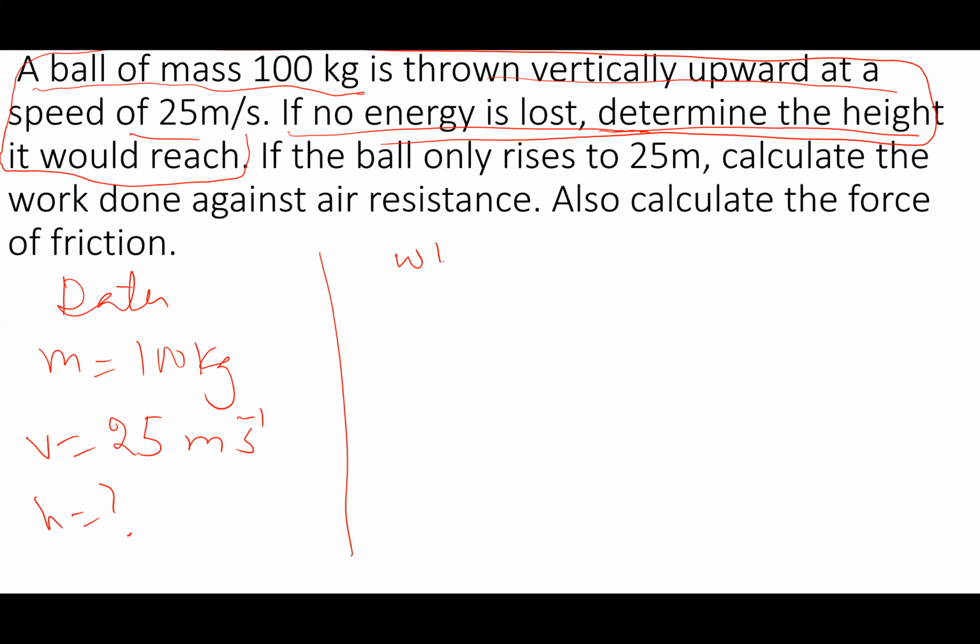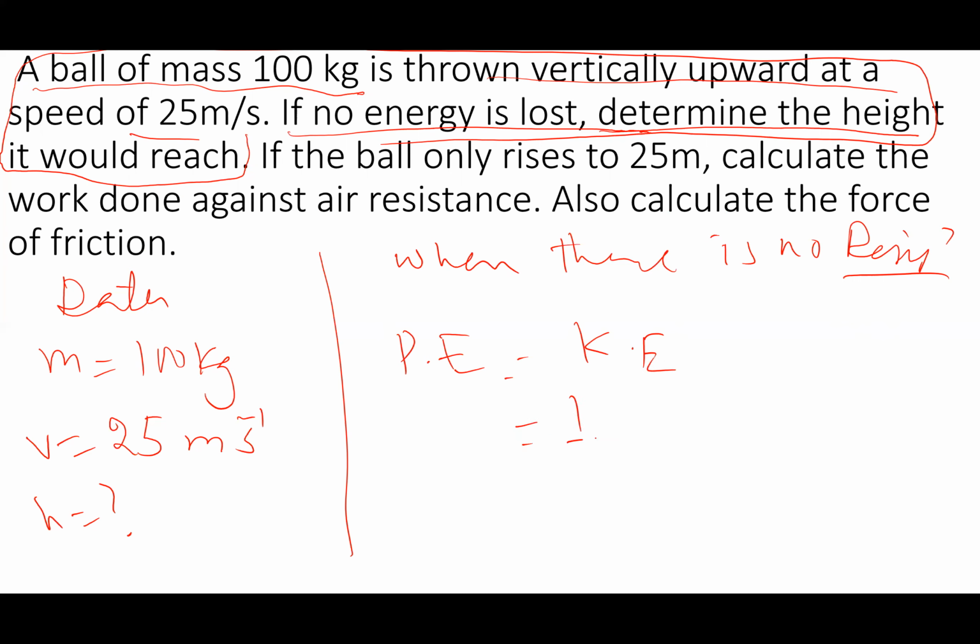When there is no resistance, the loss in potential energy is equal to the gain in kinetic energy. So half mv square is equal to mgh.